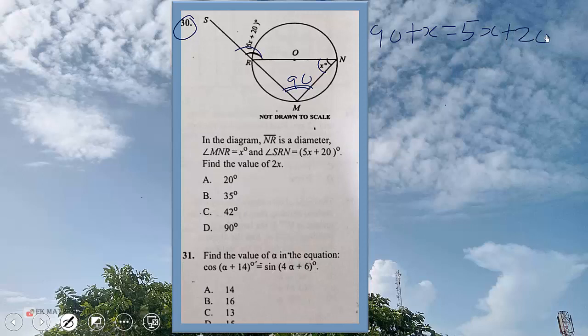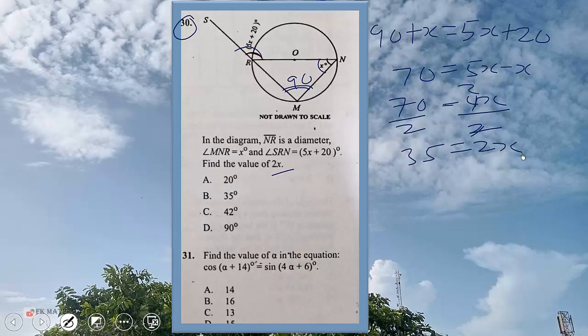So if you subtract x from both sides, you get 5x minus x, and 90 minus 20, which is 70. So you get 4x is equal to 70. Dividing both sides by 2, because we are looking for 2x, we get 35 is equal to 2x. So the correct answer is B.